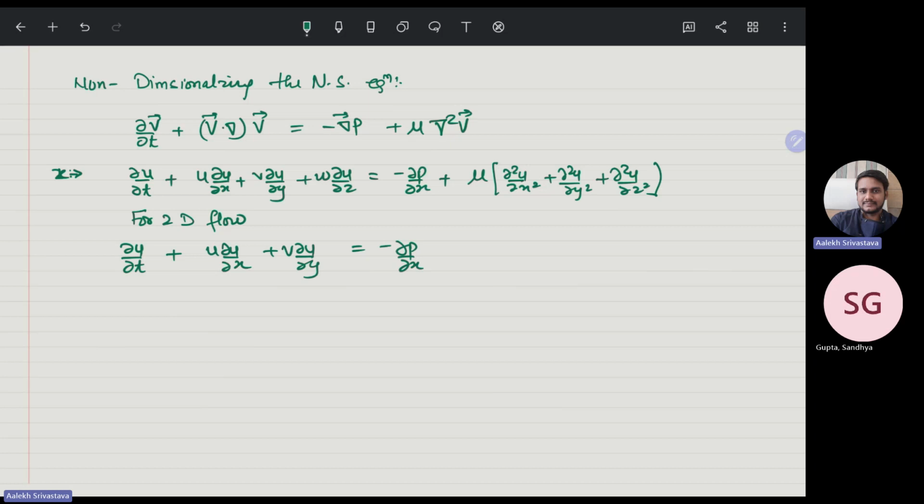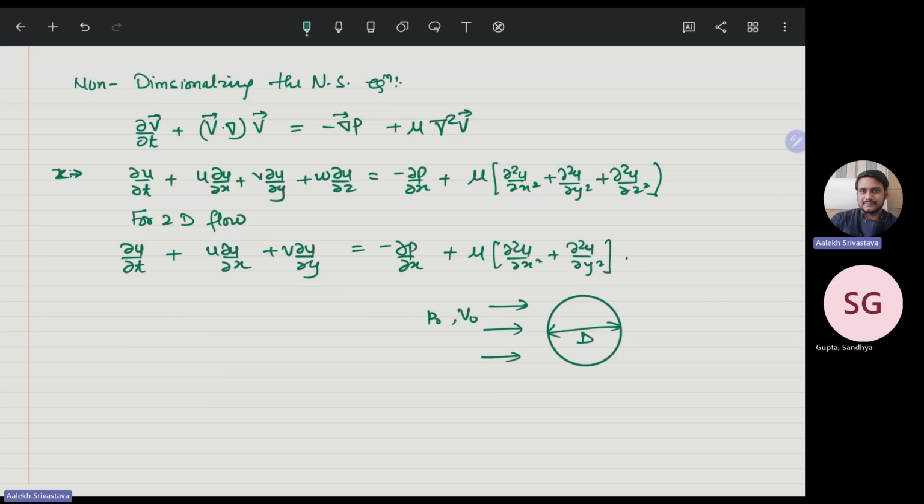Minus del p by del x plus mu times del 2u by del x square plus del 2u by del y square. Now suppose this is flowing over a body of diameter d with a velocity v naught and pressure p naught.